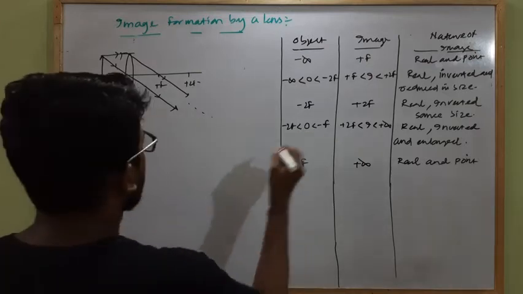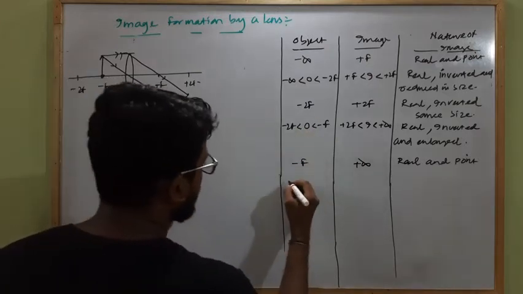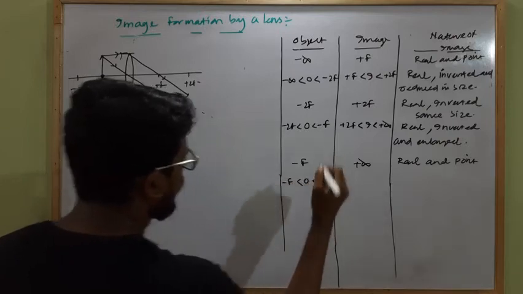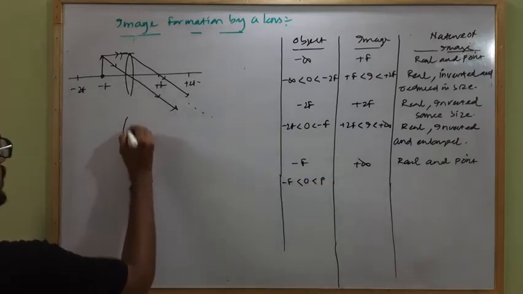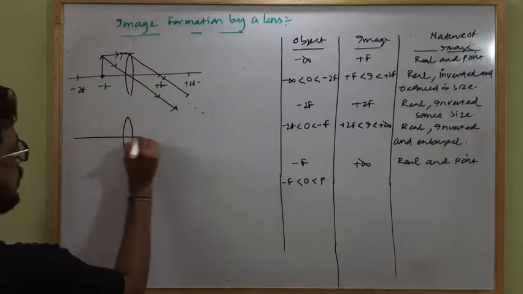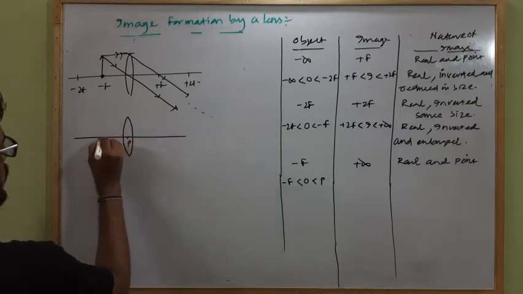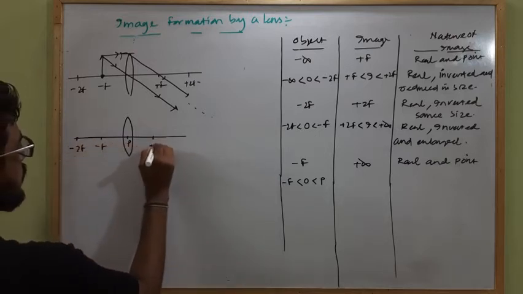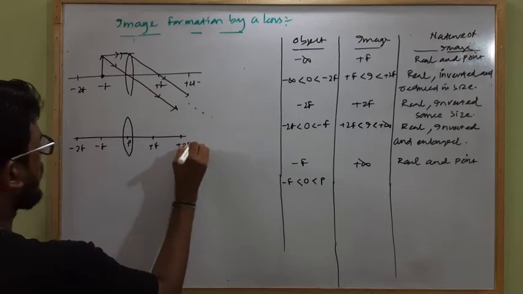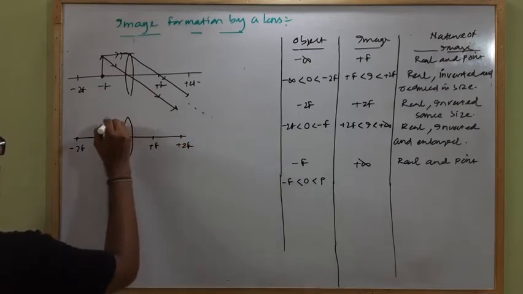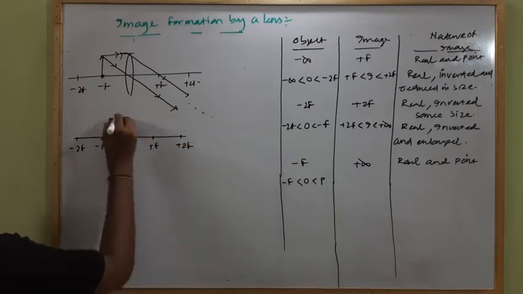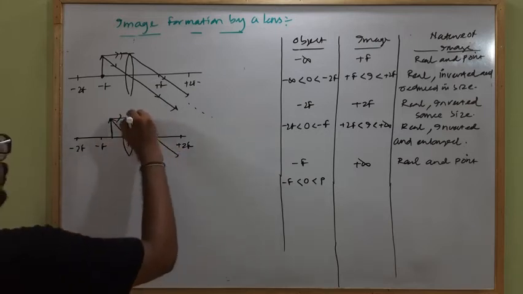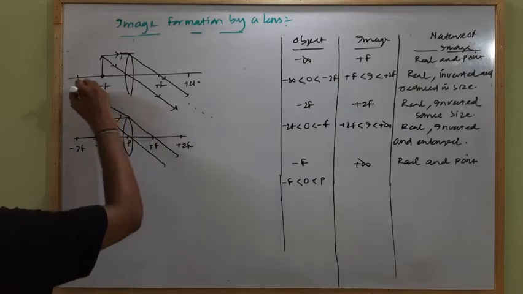Next case, when the object lies between minus f and the pole, like this. This is the pole, minus f, minus 2f, plus f, plus 2f. When the object lies between minus f and the pole, the image will form behind the object.